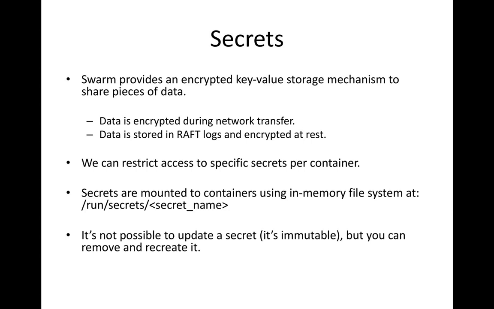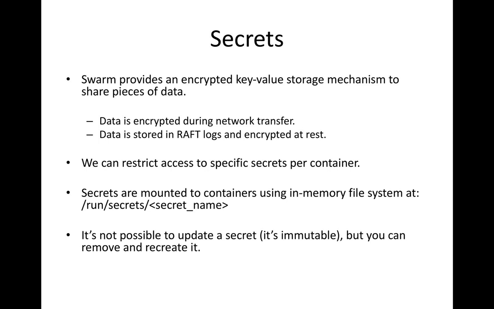When Docker launches a service, you can tell Docker Swarm that the service needs to be able to access secrets that are stored within the cluster. And what Docker Swarm will do is it will actually mount a temporary in-memory file system to each container that's created by a service.